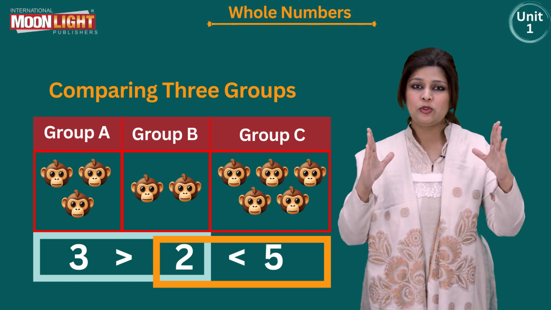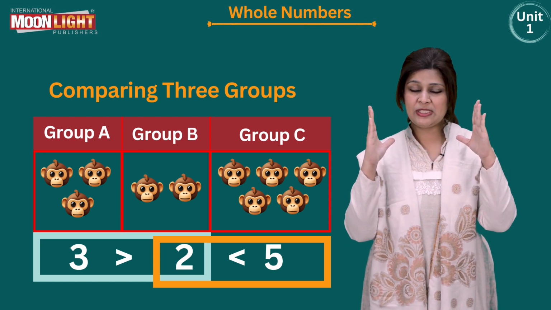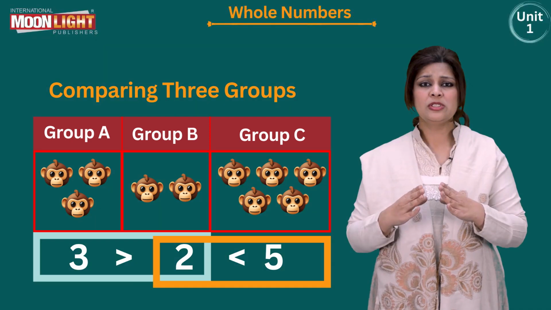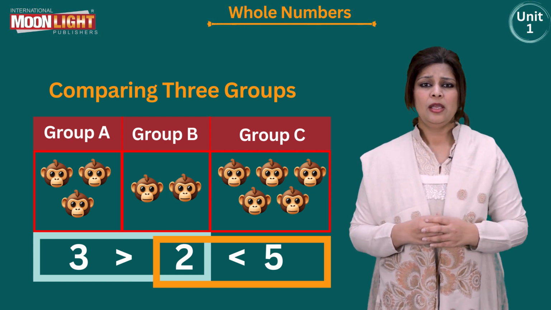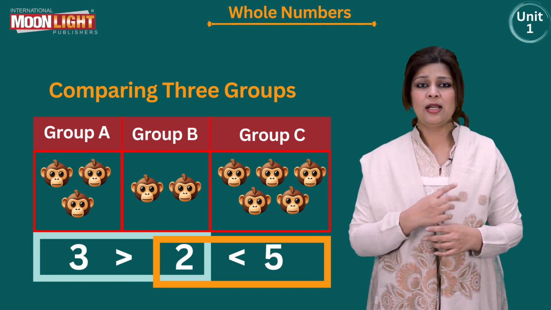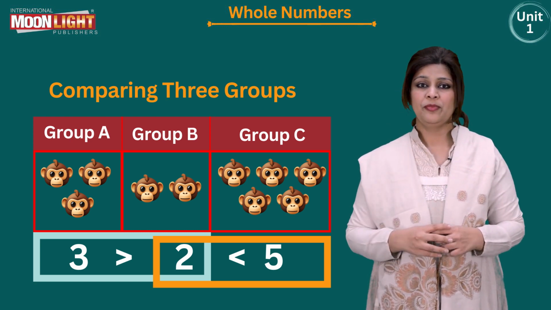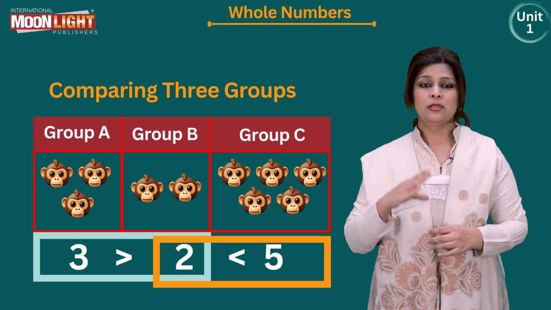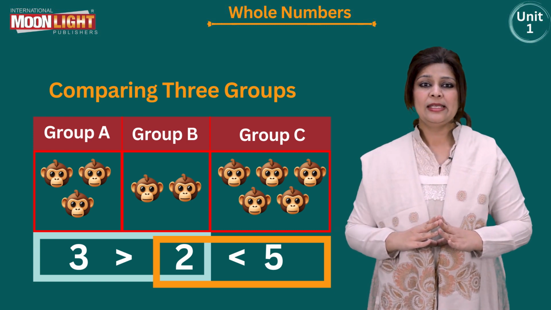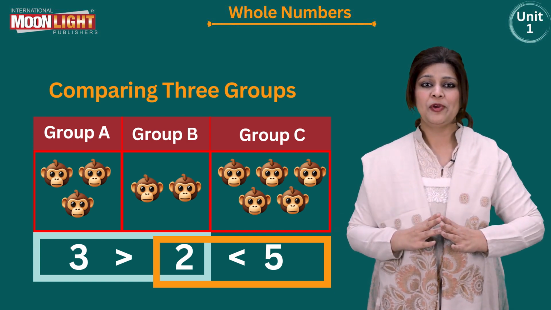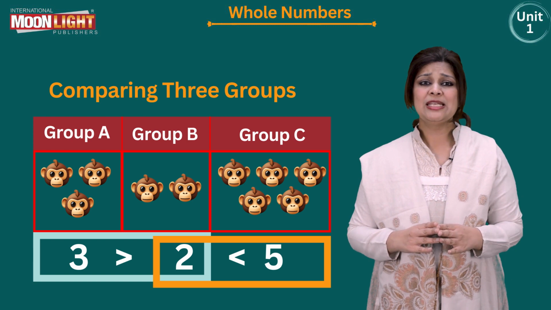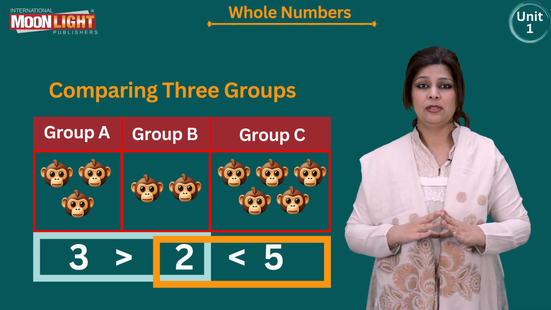Suppose this example is over here. In group A, the monkeys are 3, and in group B, the monkeys are 2. We will write this symbol, that you can see on your screen as well, which is the greater than symbol.